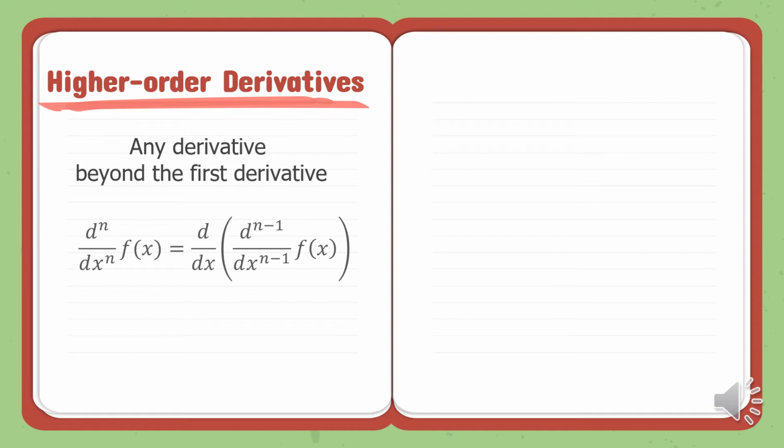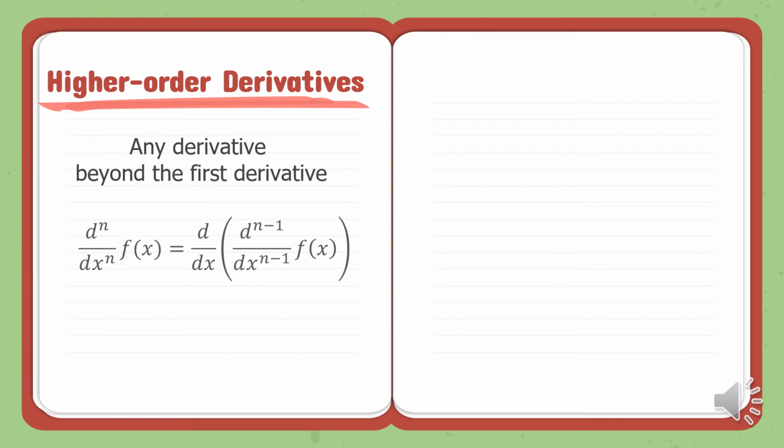Okay? For instance, we need to find the fourth derivative of the given function. For us to find the fourth derivative, we need to differentiate the third derivative. Okay? For us to find the third derivative, we need to differentiate the second derivative.